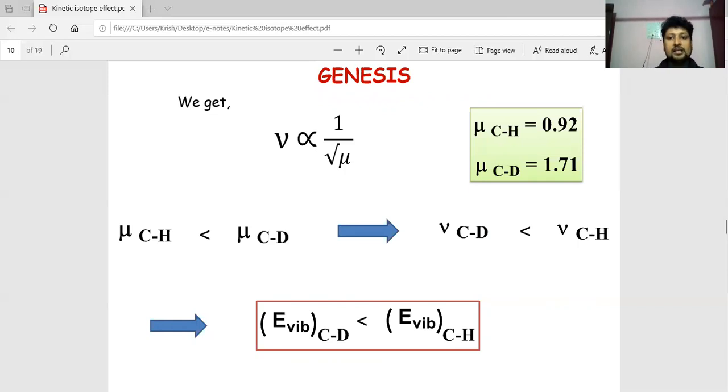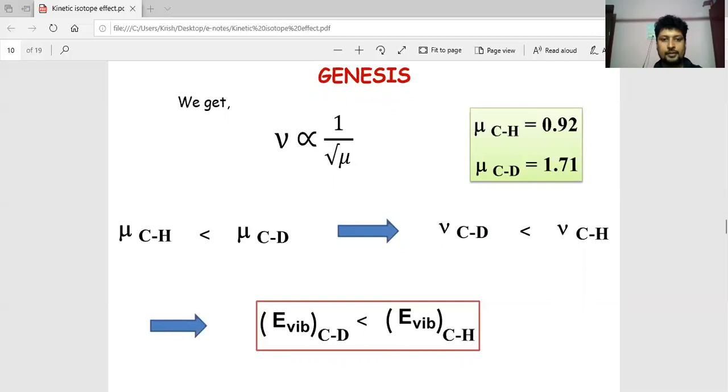So obviously from this data we can say, since mu of CH is less than mu of CD, so obviously nu, that is the frequency of vibration of CD bond, will be less than that of CH. Now energy is equal to h nu. So if nu is greater for CH bond, then obviously energy of vibration for CH bond will be also greater.